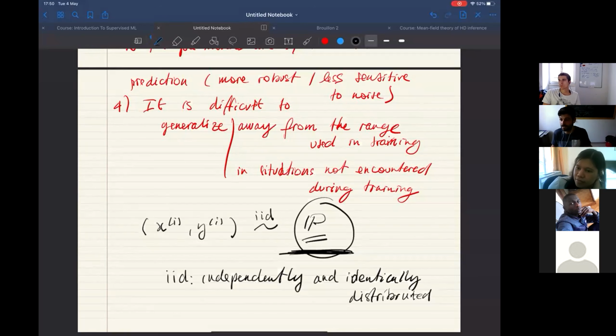This is called overfitting. Underfitting is the opposite. It means that you are considering a model, a hypothesis class, which is not rich enough to capture the complexity of the rule that connects inputs and outputs.